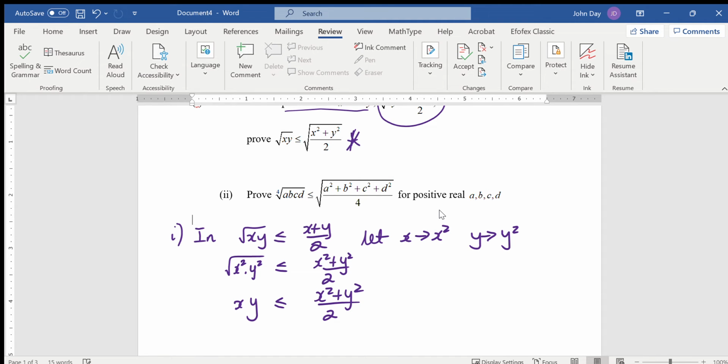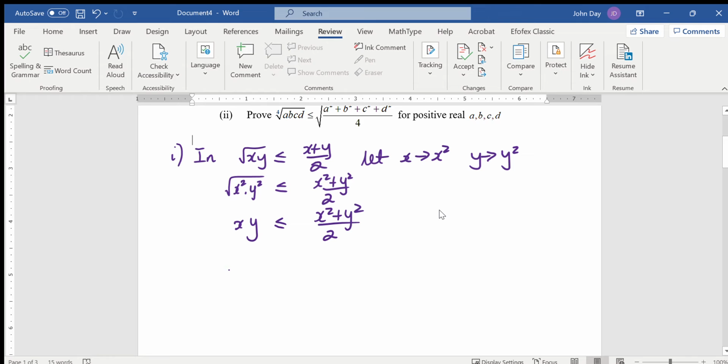And now we can just square root both sides to get what we want. And because they're all positive numbers, this works. So not a problem. That's fine there. We've proven the first thing.